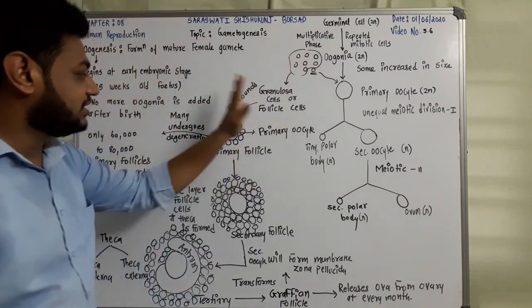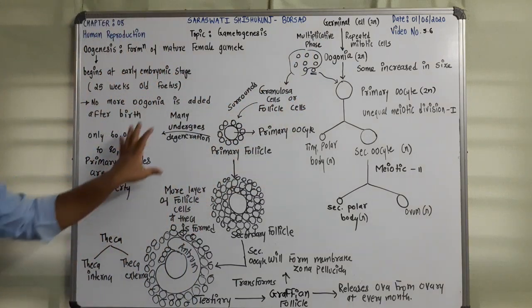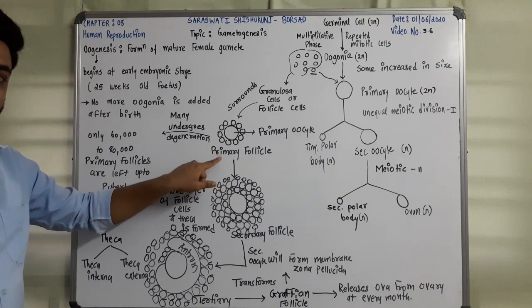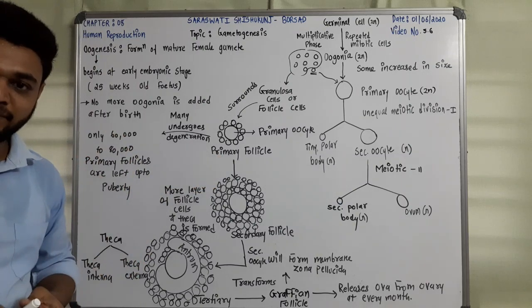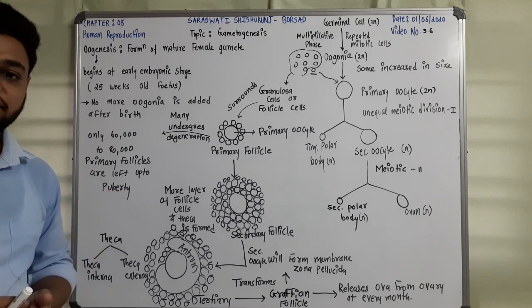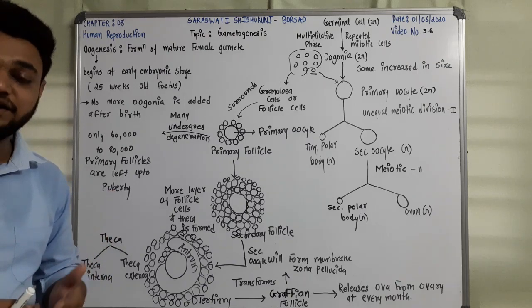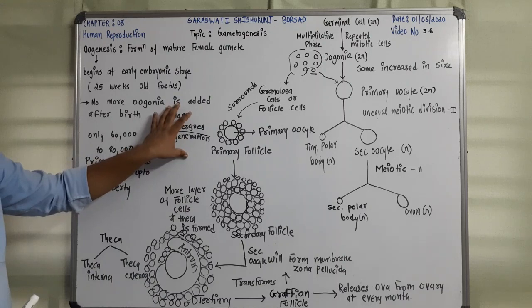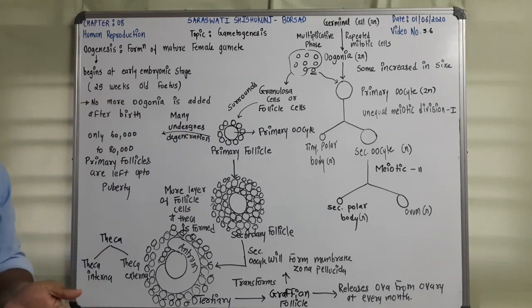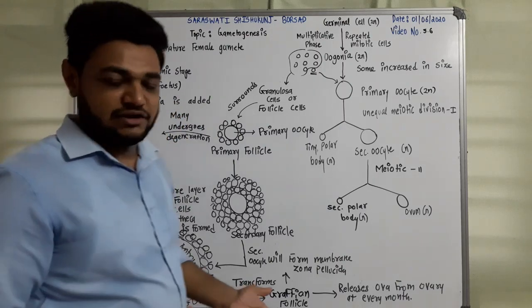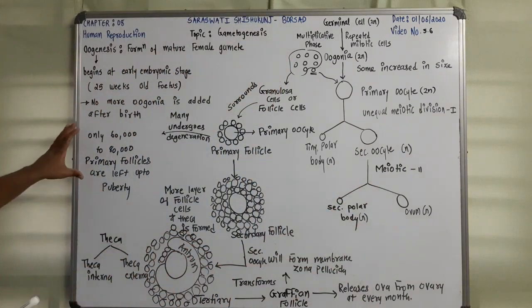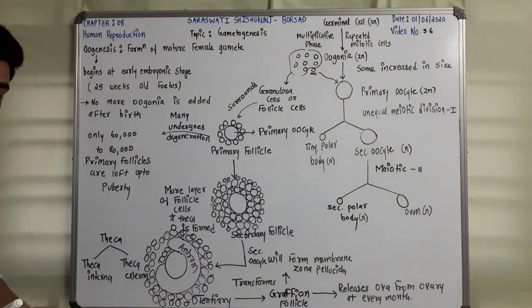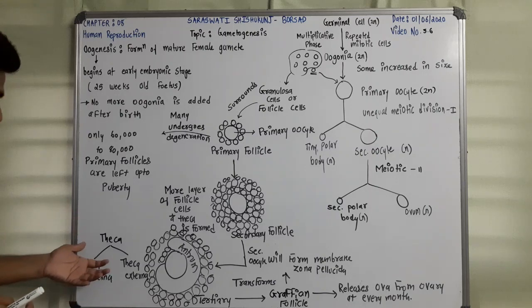These surround the primary oocyte, and that structure is referred to as the primary follicle. This primary oocyte is suspended at meiosis 1, prophase 1, at the diakinesis stage. Many of the primary follicles undergo degeneration, which is called atresia, right? Some of the primary follicles are left, that is 60 to 80,000 follicles.